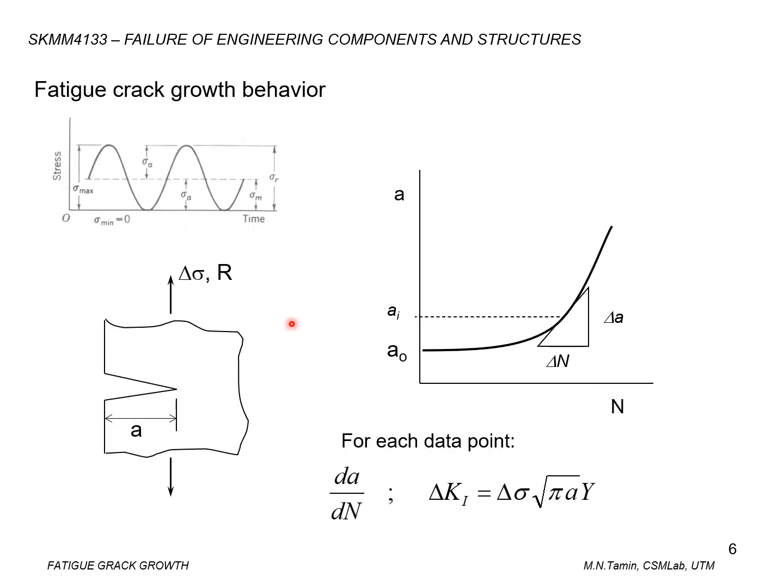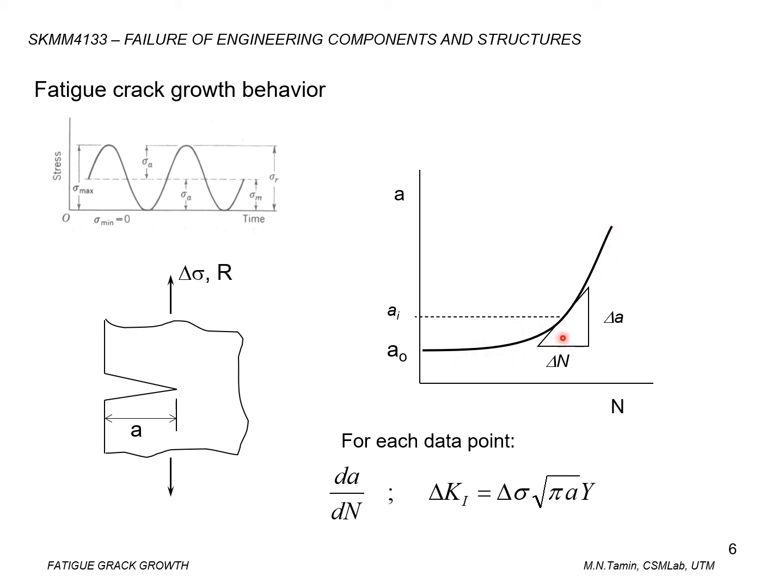Now we want to introduce the term fatigue crack growth rate, or da/dN. Consider a crack under mode 1 loading, and the crack is propagating under these load cycles. We can monitor how fast the crack is growing, that is a, as a function of the applied number of cycles, and this is typically how the curve would look experimentally from measurement.